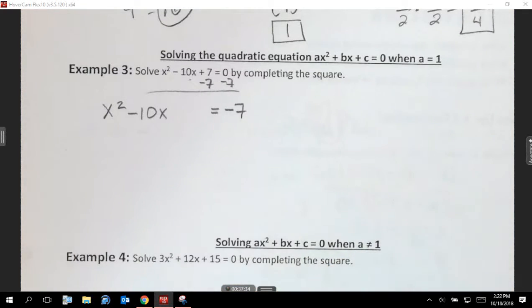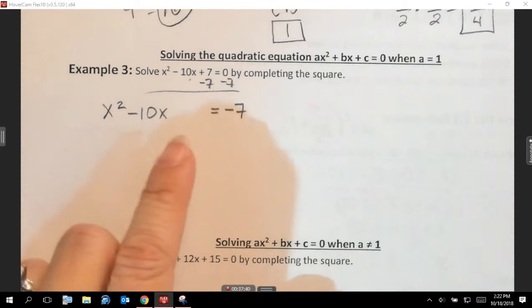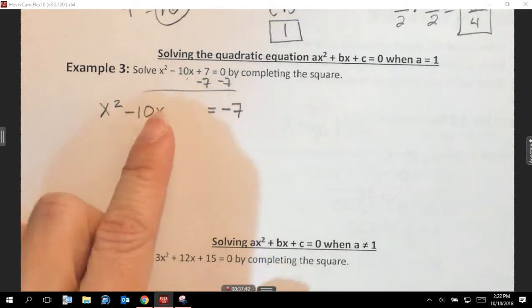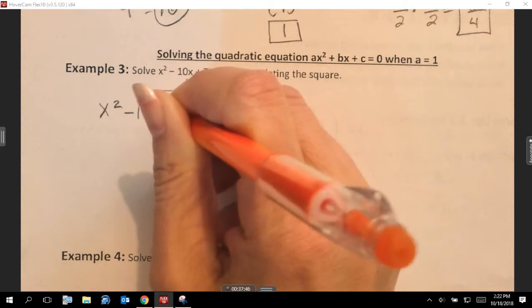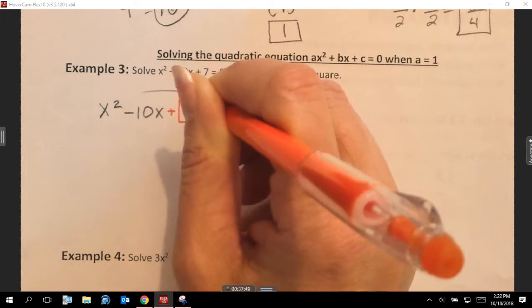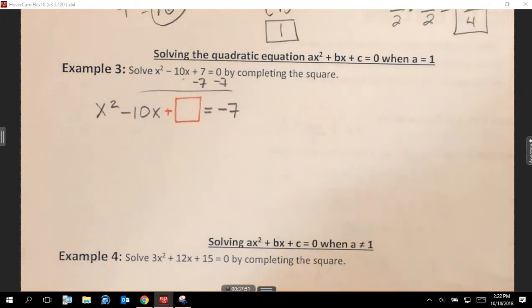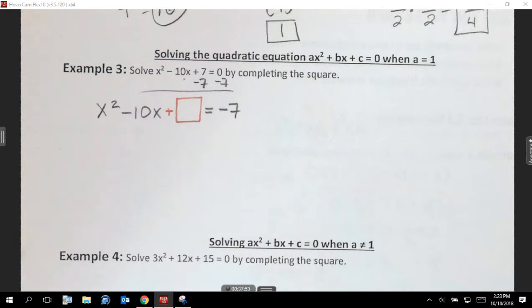This is how I can stay organized. You don't have to leave a space, but it might be less organized. Now we're going to do what's called complete the square. Since I'm completing the square, I like to make it obvious. I drew a square, I'm going to complete that square.